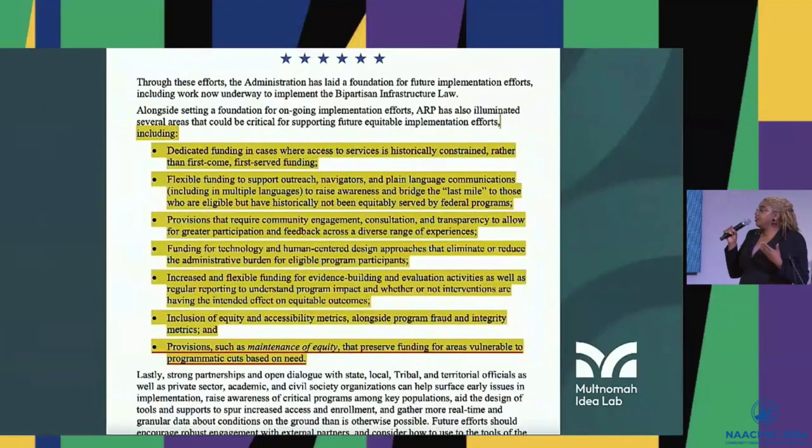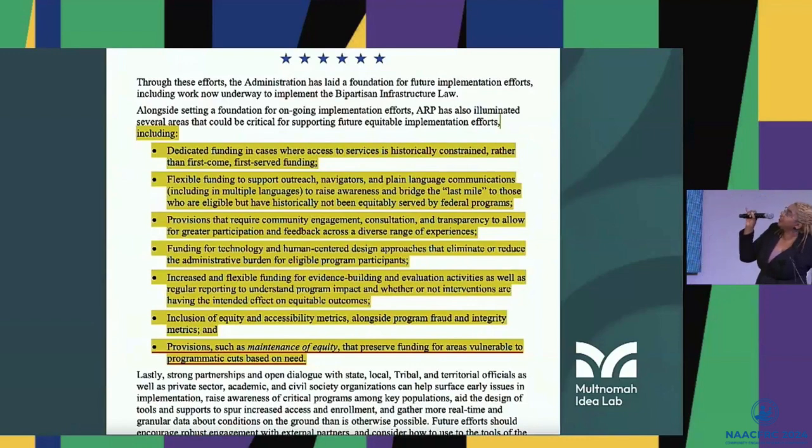So from the document Advancing Racial Equity through the American Rescue Plan funds, we get this paragraph. And I wanted to point out that our project, which began with $500 for technology, met a lot of the criteria elucidated in this document about how American Rescue Plan funds should be used.